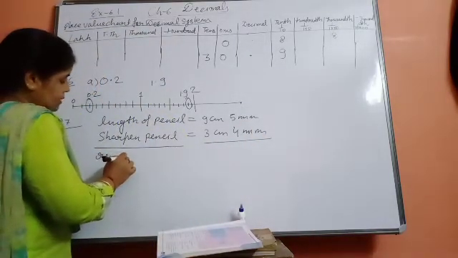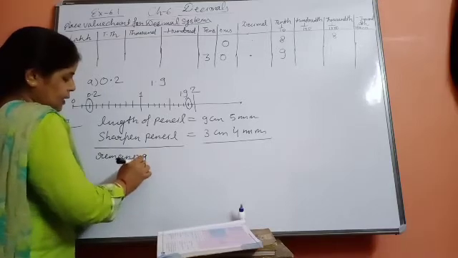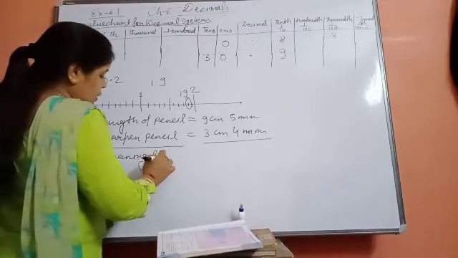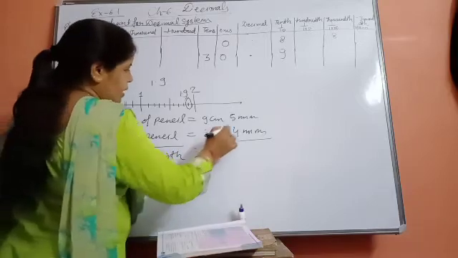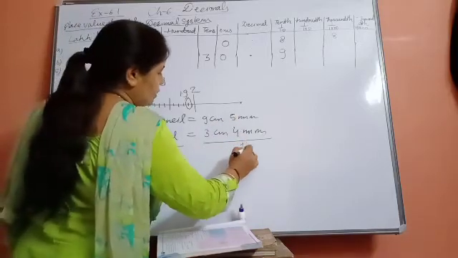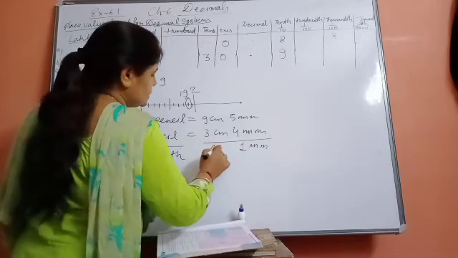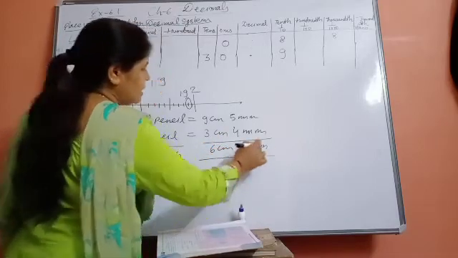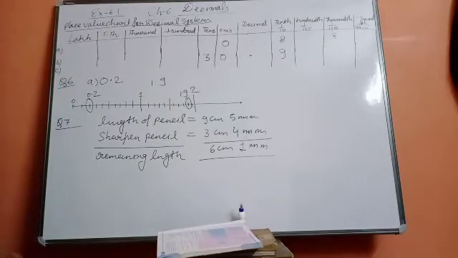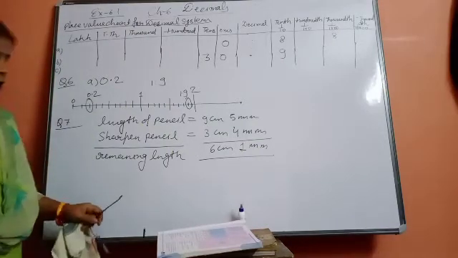Remaining length means how much pencil is now left with him. Remaining length is equal to 5 minus 4, beta, 1 millimeter, and 9 minus 3, 6 centimeter. So 6 centimeter and 1 millimeter length of the pencil will be left with him.